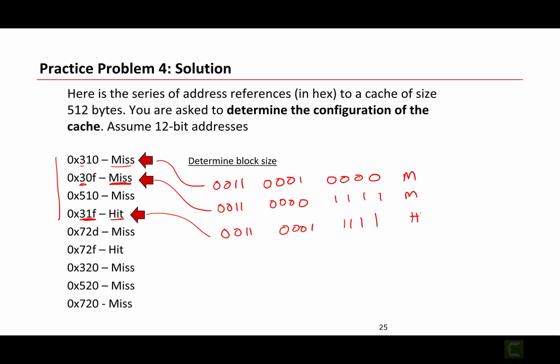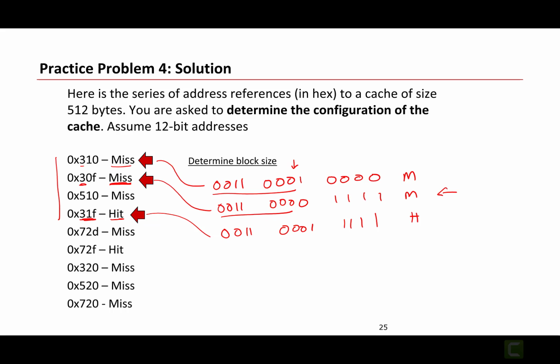Now you will notice that the prefix for the first 2 addresses are the same, except until this point. After that they diverge. So given that the second access is a miss, it clearly means that the second address is not part of the same block as the first address.